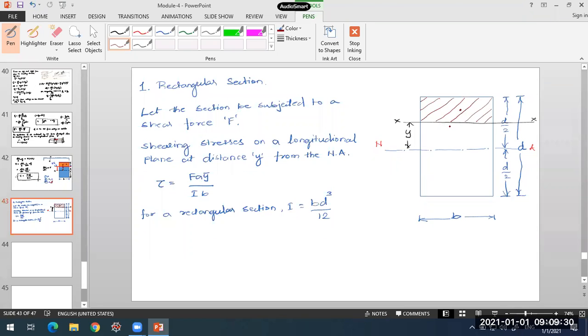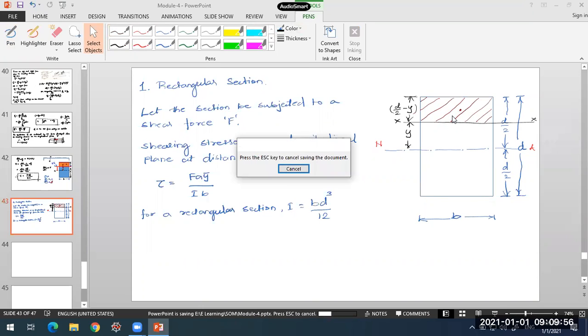Let's say the centroid is here. So what is the depth of this shaded area? It will be d by 2 minus y. This distance will be d by 2 minus y. I hope that is clear, how we got the depth of the shaded area.